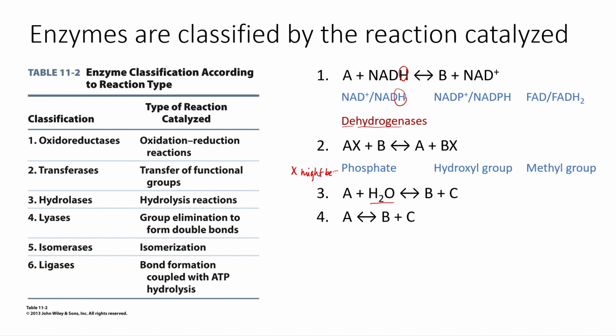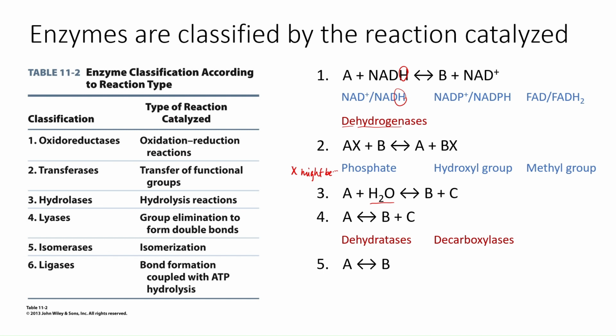The types of enzymes that do this are called lyases. Two examples of these types of lyases are dehydratases and decarboxylases, where the group that's being removed can be water or carbon dioxide. That might be B or C as one of the products, right? Water or carbon dioxide that's getting removed.